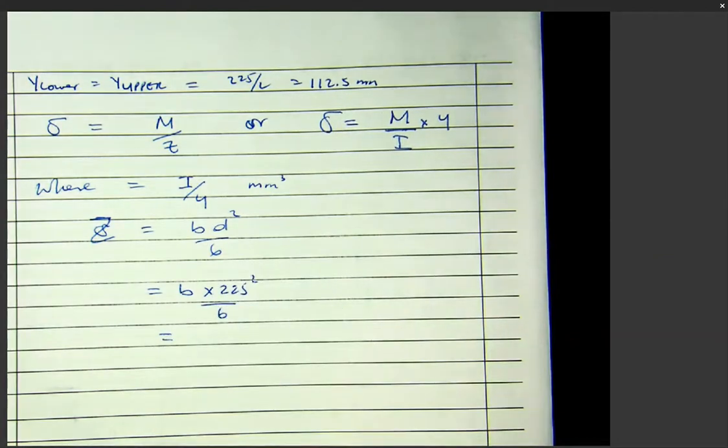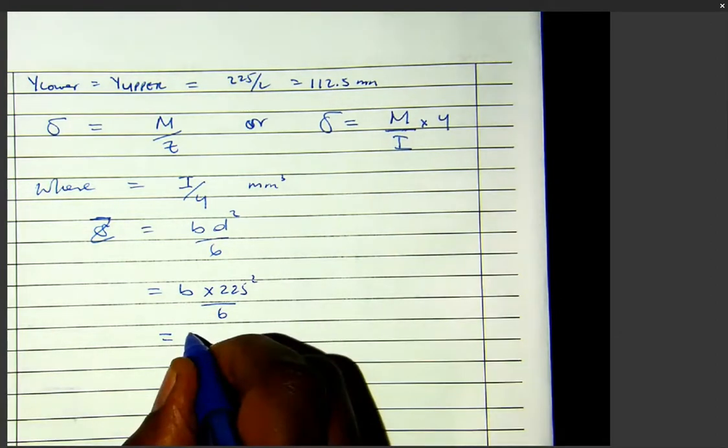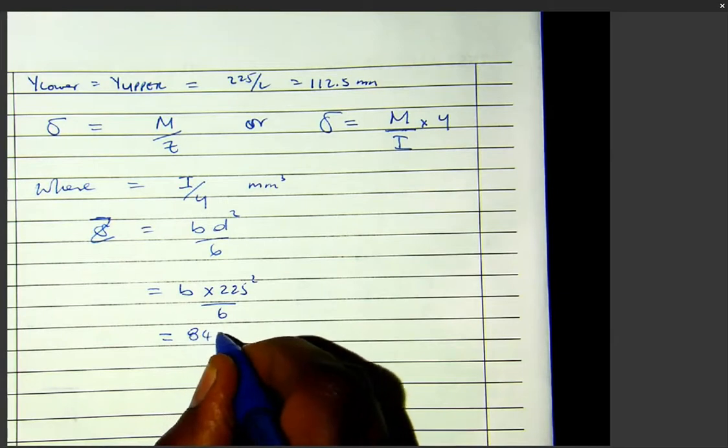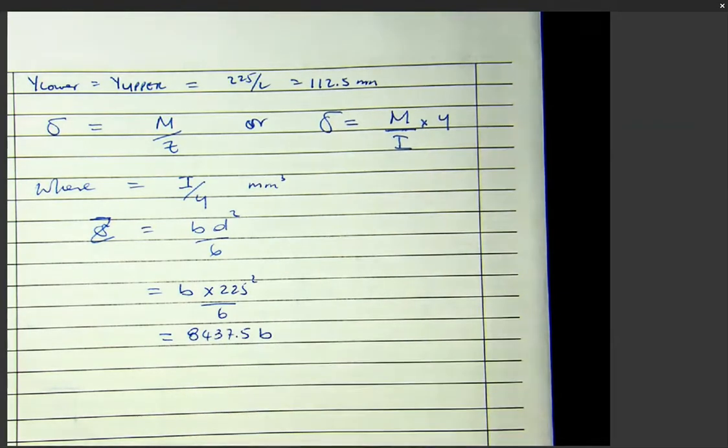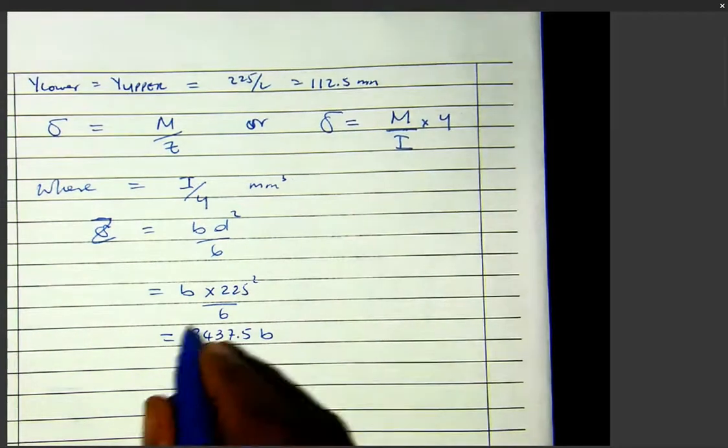Then 225 squared divided by 6 gives me 8437.5 B. That is my Z. So I've got my Z.